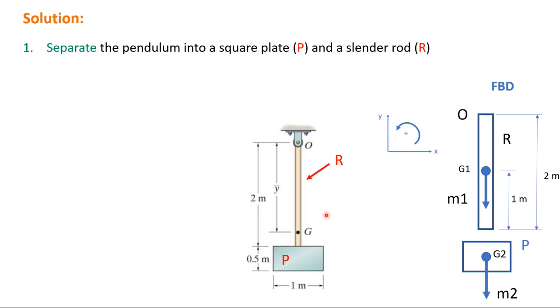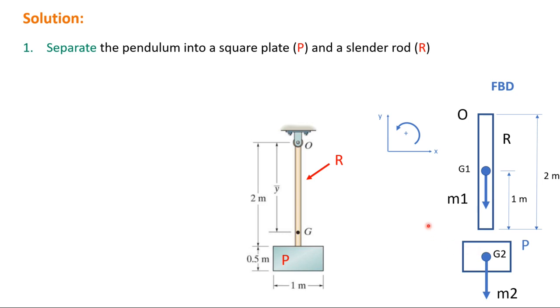So first we're going to separate the pendulum into a square plate P and the cylindrical rod R. What you can see on the side here is the free body diagram for this step. That's the rod, and that's the plate.